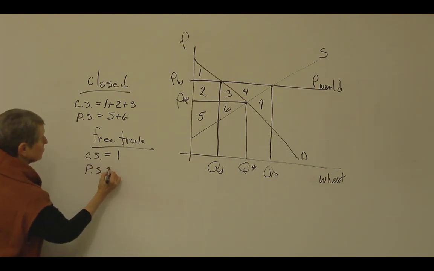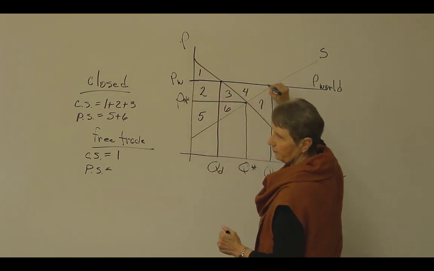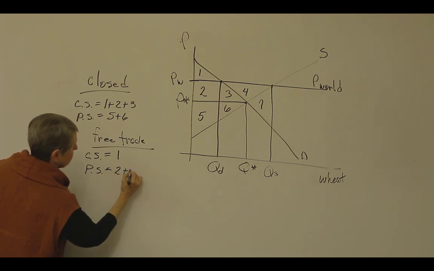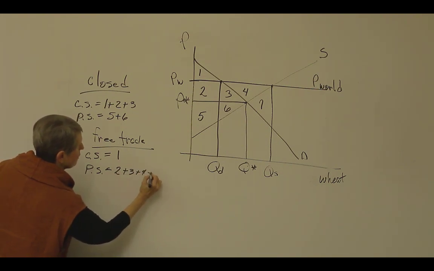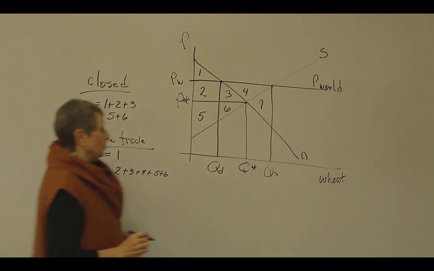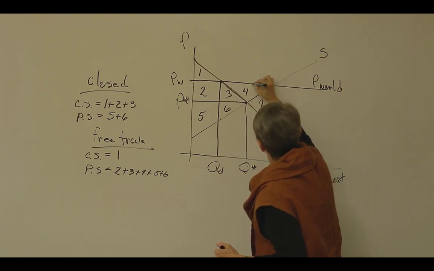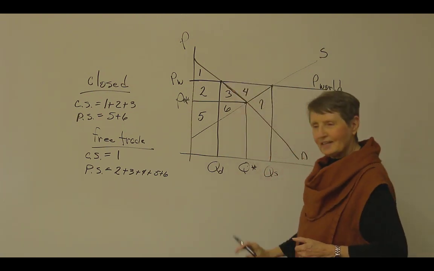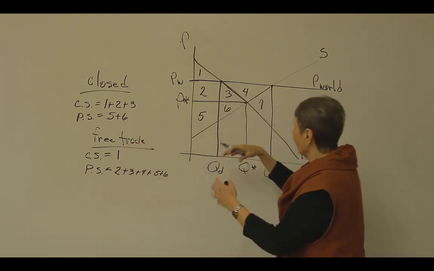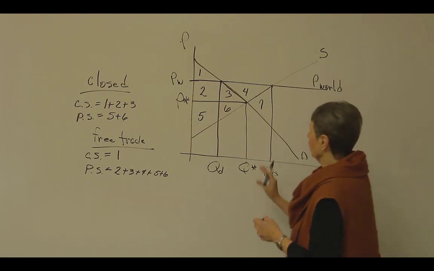Producer surplus is going to equal everything below the price and above the supply curve. It's going to equal 2 plus 3 plus 4 plus 5 plus 6. So this triangular area 4 is the net gain to the economy because the domestic economy has exported wheat to the rest of the world.